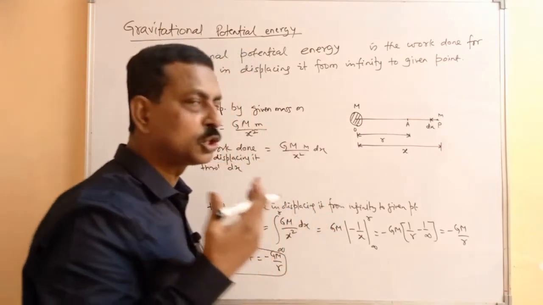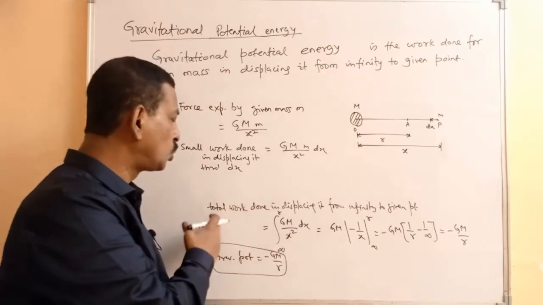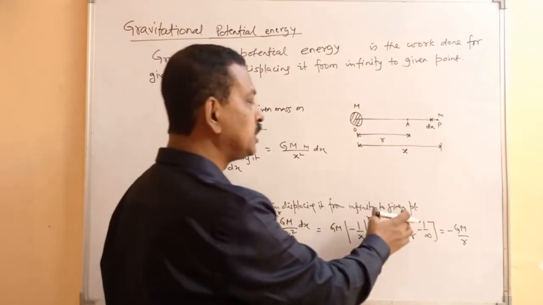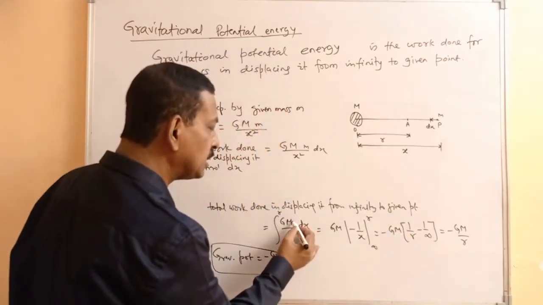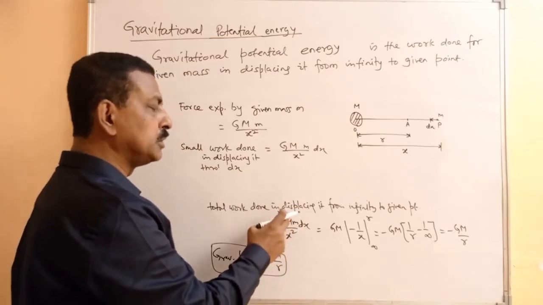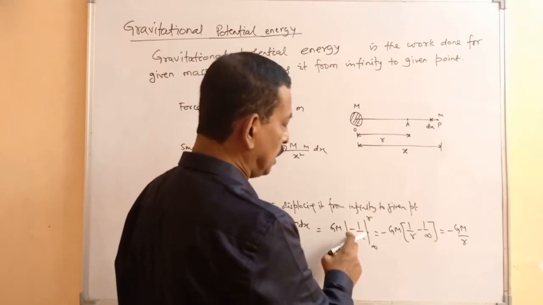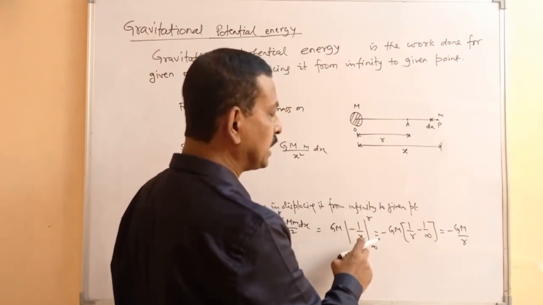And now to find the total work done, because this was the small work done, the total work done in displacing it from infinity to the given point will be simply the integral of GMm dx by x square from infinity to r. So it will be G into minus 1 by x.